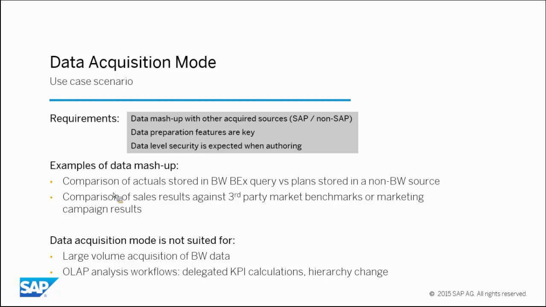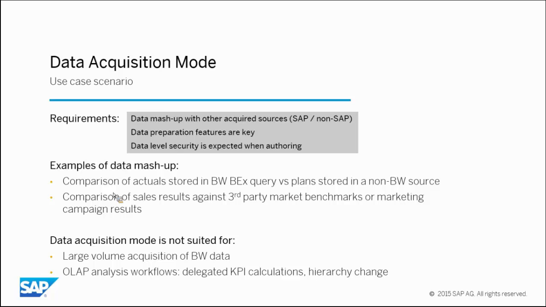A couple of examples of the mashups here: comparison of actual values stored in the BW system, accessed via a BEx Query, versus planned values which are stored in an Excel, for example. So you can pull in the data from these two sources and do an analysis of actual versus planned.